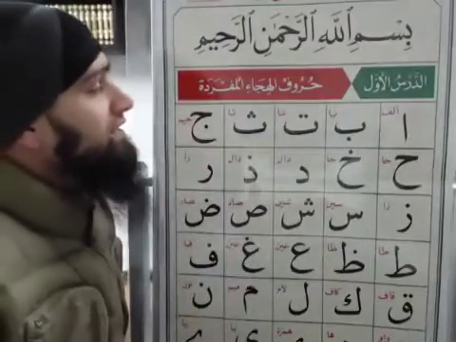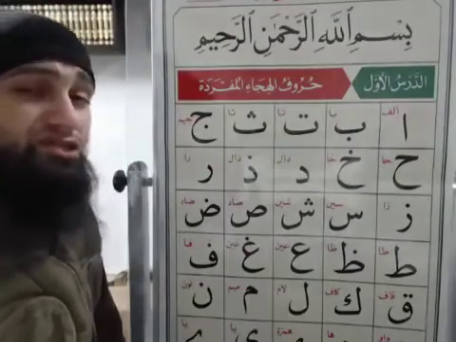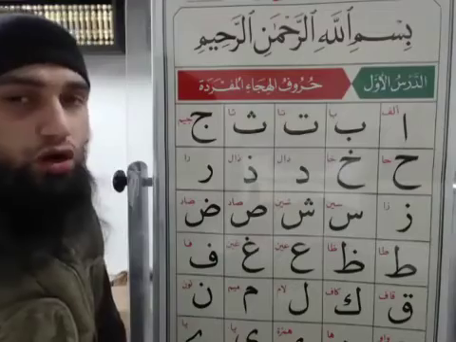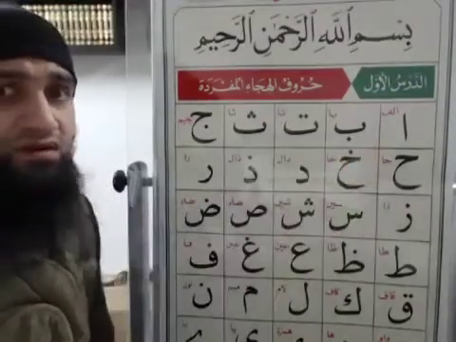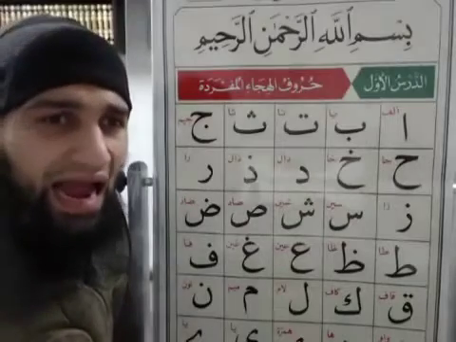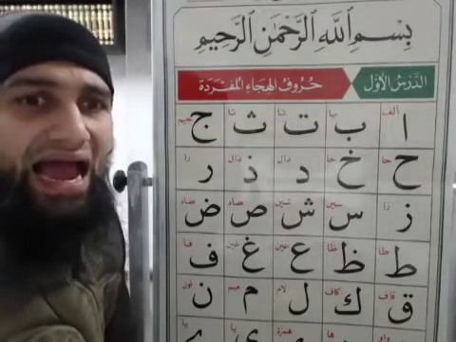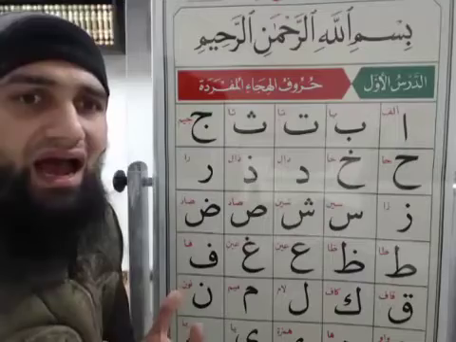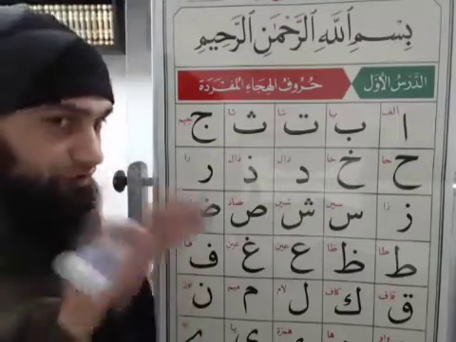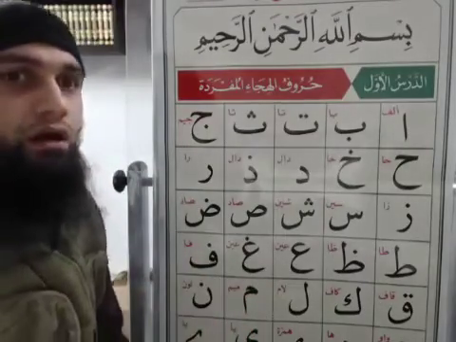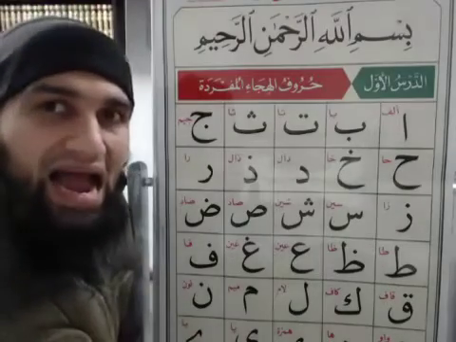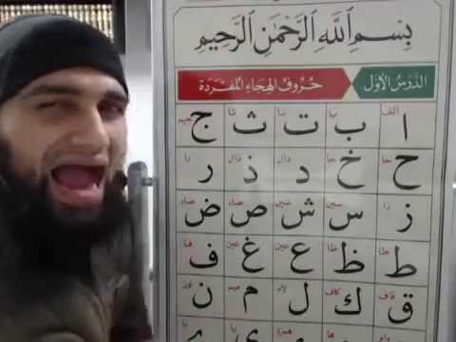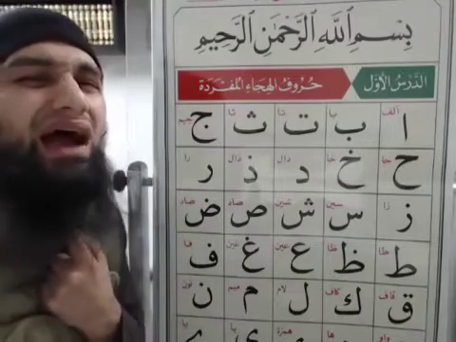Now, this letter is a strong letter, so the sound has to be strong. Make it long because of the alif, like this. You see that sound? You have to actually process the wind before it comes out of your mouth. You don't just say it, no, right? But you feel it in the middle of your throat.